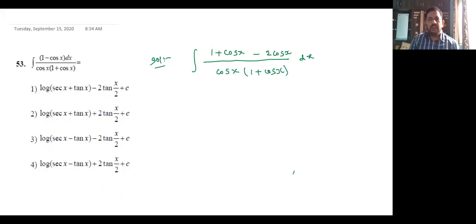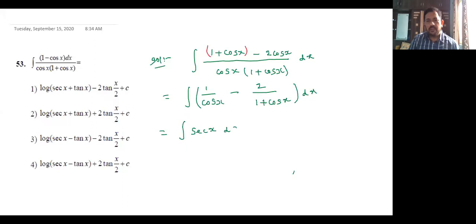So in the numerator, 1 plus cos x, take 1 unit and split that. 1 plus cos x and 1 plus cos x cancel. We get 1 by cos x minus, cos cancel, we get 2 by 1 plus cos x dx. 1 by cos x means that is secant x.